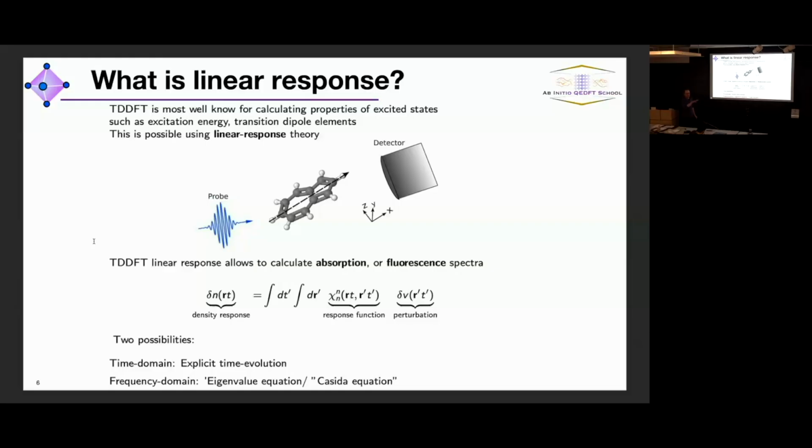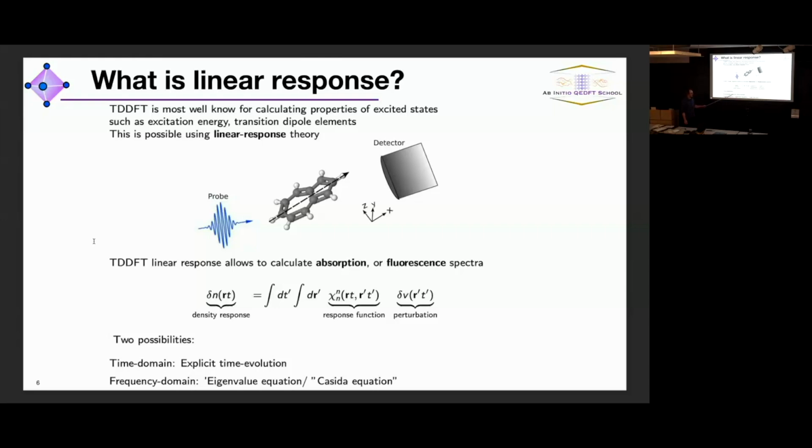Could be short, maybe a narrow Gaussian around the initial time, and then you just propagate the system. The pulse will hit the system, you couple to the dipole moment, and the system will start to oscillate. You can record the oscillation of the dipole moment, take a Fourier transform, and this will be your spectra. This will be the absorption spectra. So that's one way to do it.